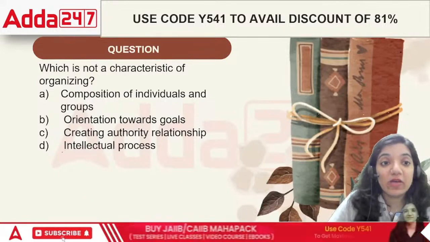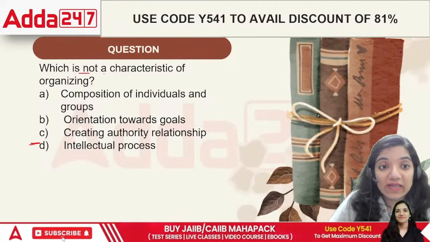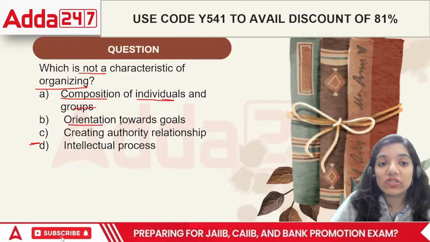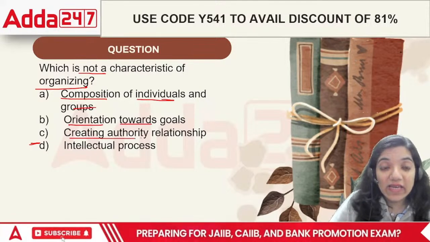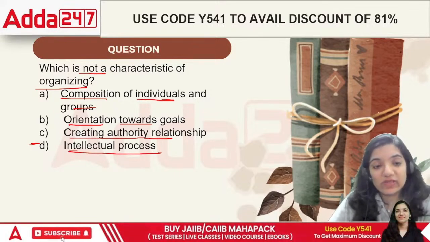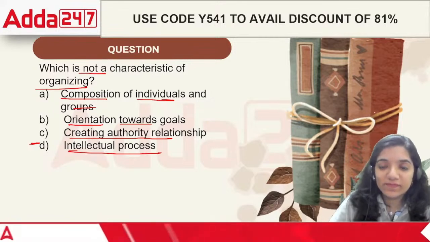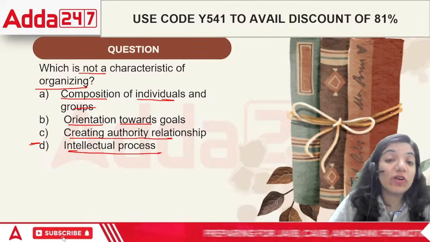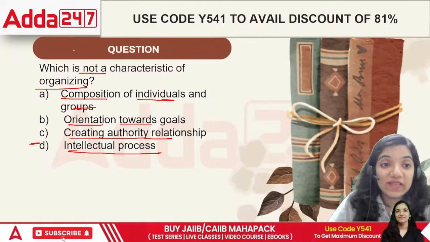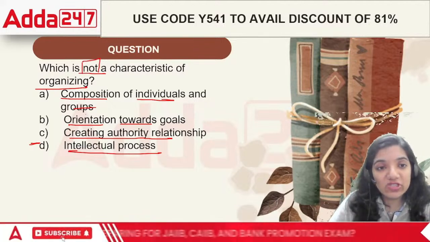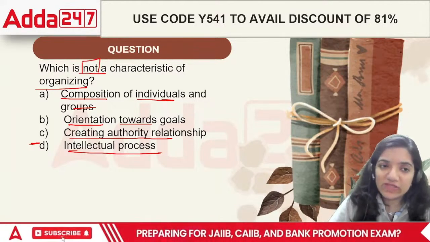Okay, the next question: which of the following is not a characteristic of organizing? Composition of individuals and groups, orientation towards goals, creating authority and responsibility relationships, or intellectual process. Not means there is something which is not a part of organizing. Composition of individuals and groups is important.